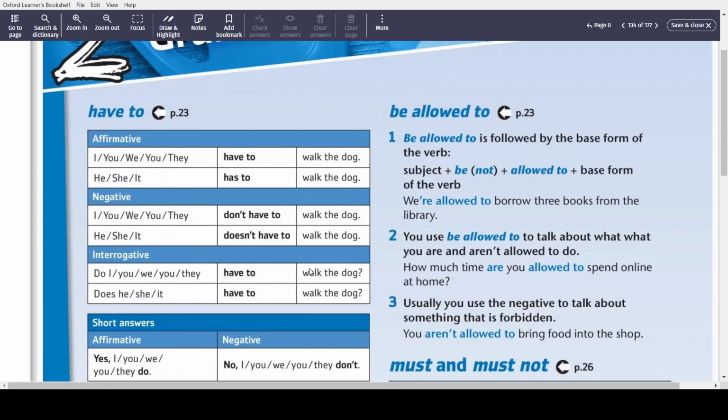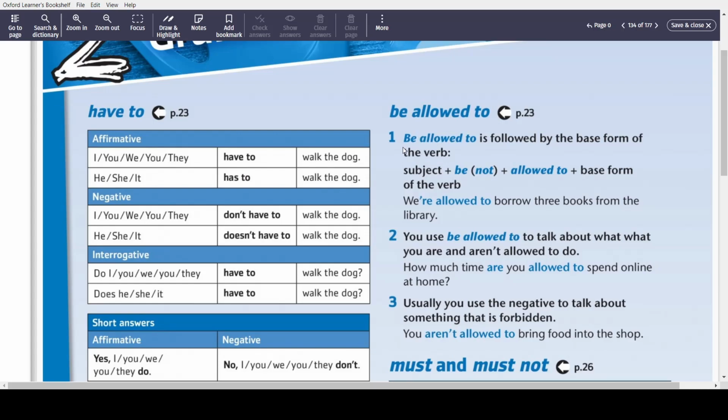Now, the second structure that we are going to study is be allowed to. Be allowed to is used to express permission. Okay, so you can say you are allowed to do something or you were allowed to do something when you were younger. It changes using the be, okay, and there we can define if it is present, past, or future.